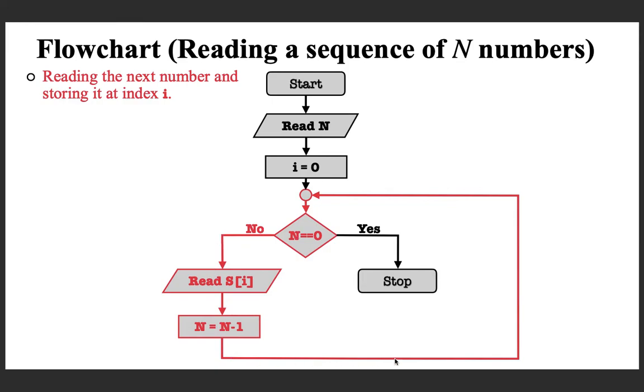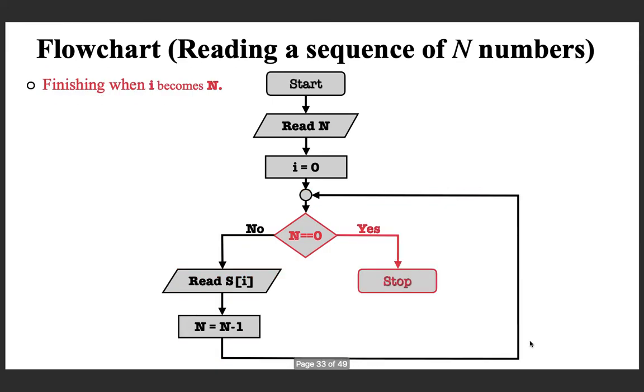The answer is no, and I am repeating it. So eventually I will read all the numbers and finally I can stop. So this is the procedure that we devised to read a sequence of numbers into a sequence object, and now we represented that as a flowchart. Note that I need one more statement in this data processing block, which is to increment the value of I.